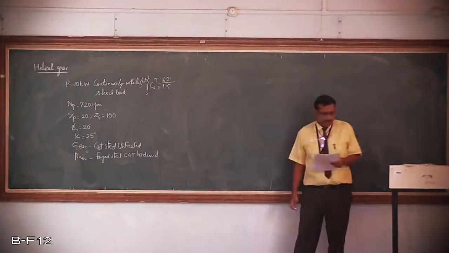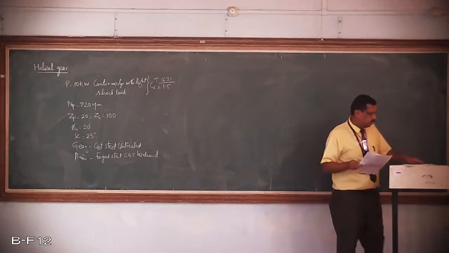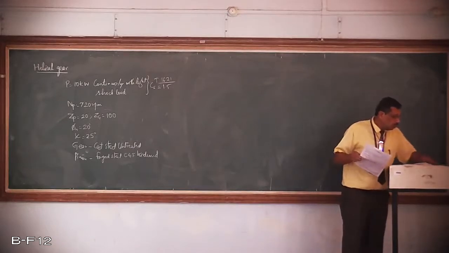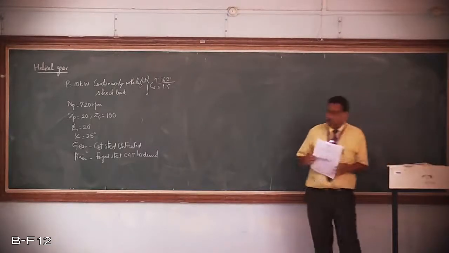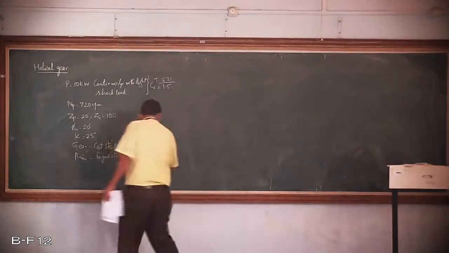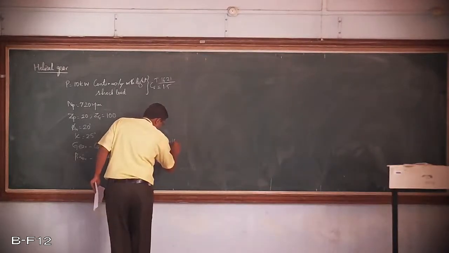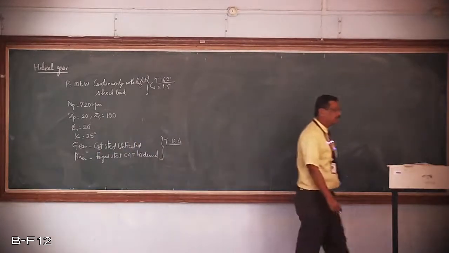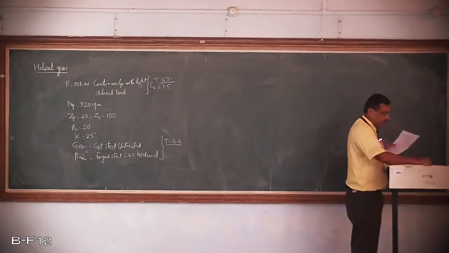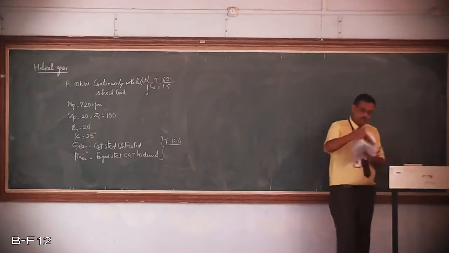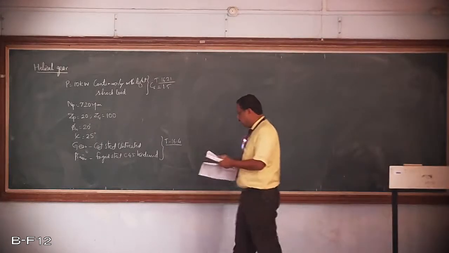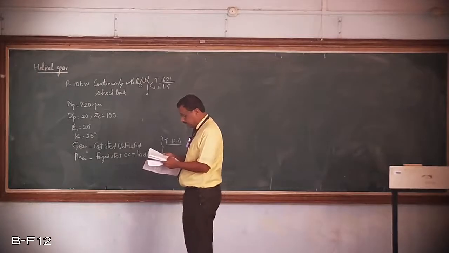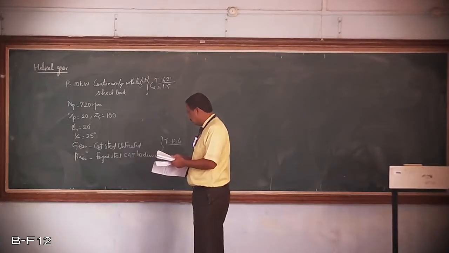The next is the material properties. Material properties are given in table 16.4. If you refer to table 16.4 on page number 224, given is the gear, cast steel untreated.